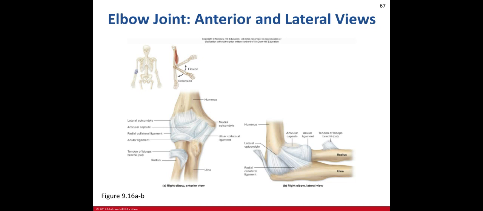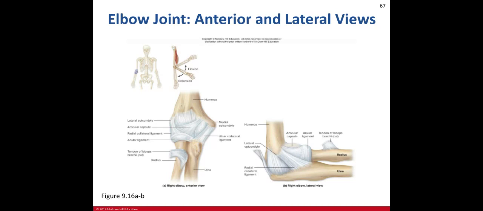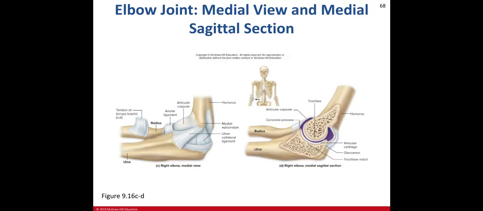And you can see your elbow joint is allowing for flexion and extension most commonly, but you'll see that we have quite a few ligaments here as well. Again, for our purposes in lecture, knowing every single ligament and where it attaches is not necessary, but knowing that they exist is useful.